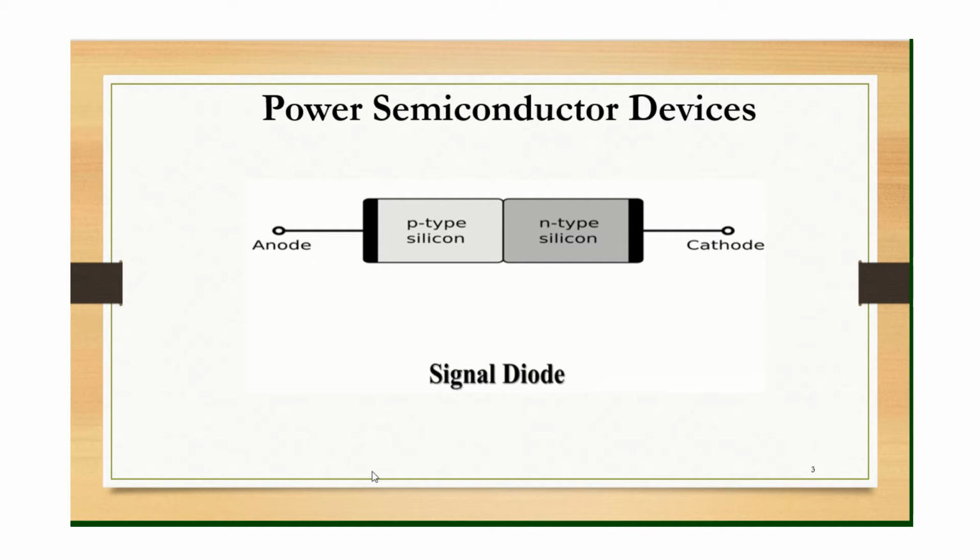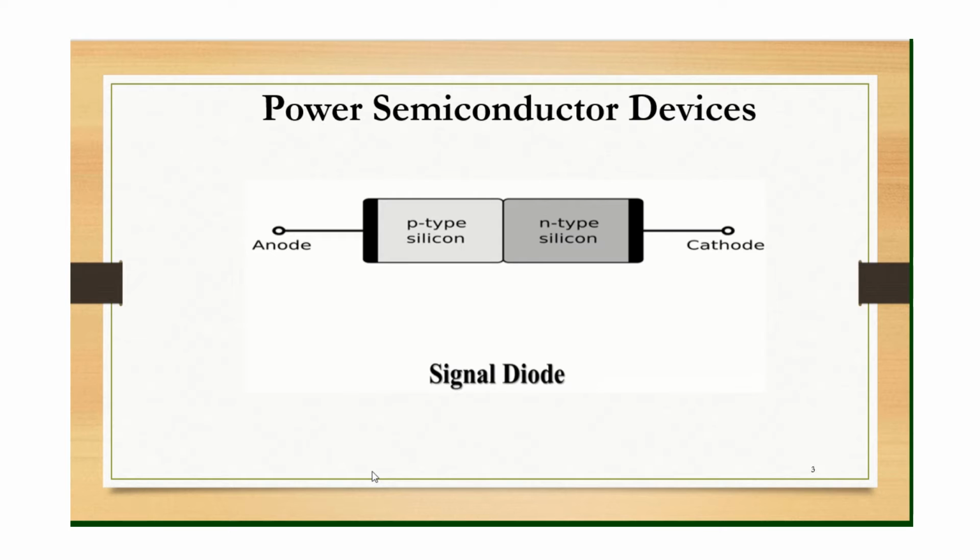Okay, so the normal diode or the signal diode as shown here in the figure, it is simply a PN junction, that is with a P-type material and N-type material, where you have the terminals anode and cathode. So these power semiconductor diodes are not same as signal level semiconductor devices.